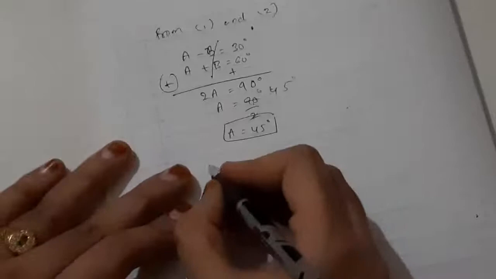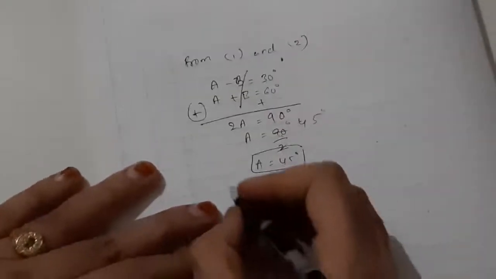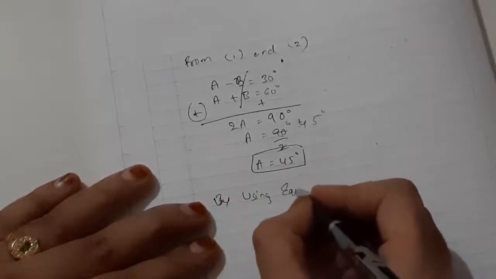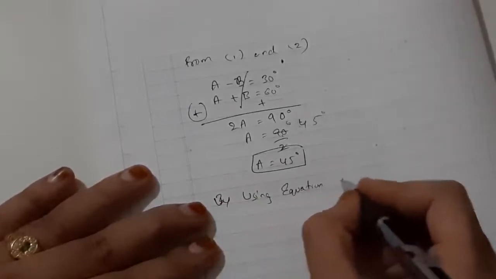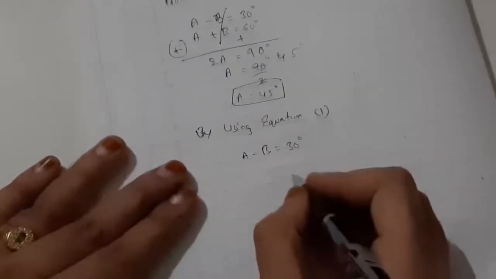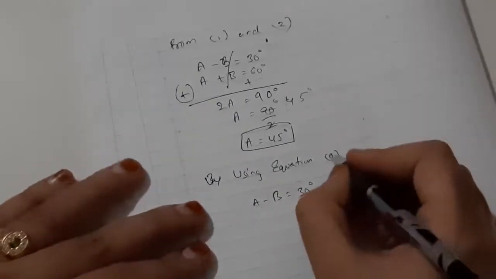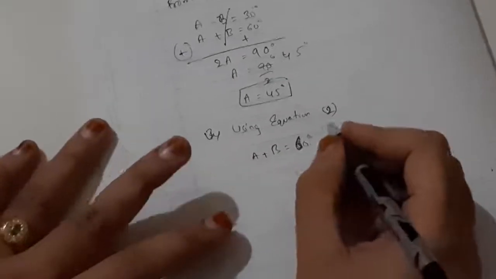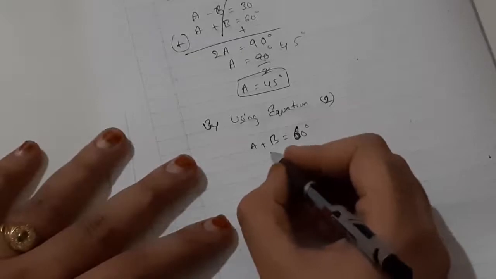And you can use equation 2, because it is very simple, right? You don't have to get too complicated. So what is B?